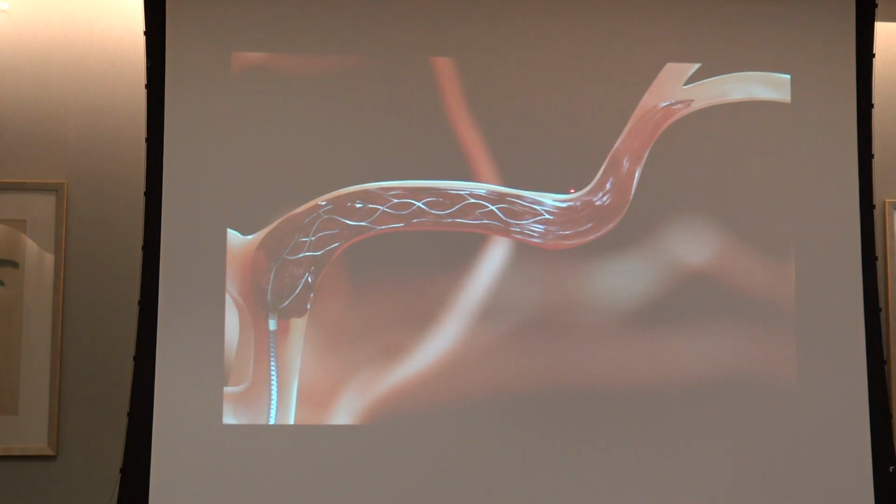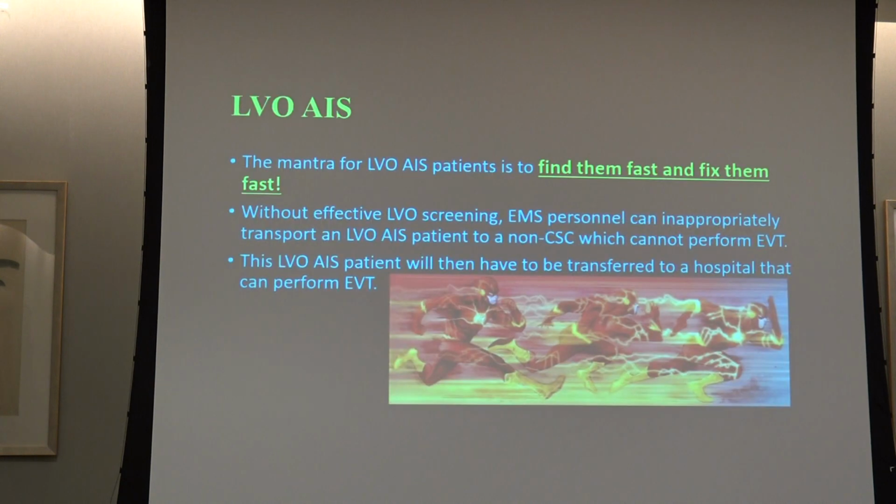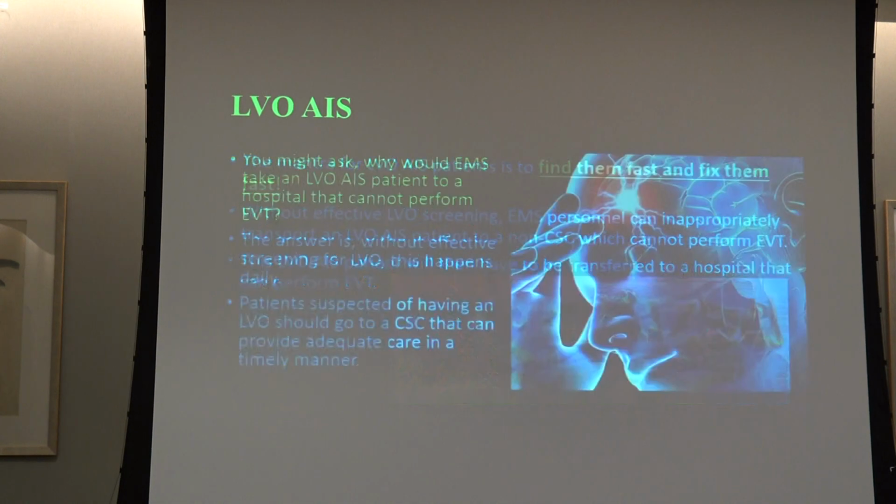And why is that so important? Because the larger this blood vessel is, the less effective IV TPA is. So while IV TPA is a great drug, it's not particularly effective in these very large vessels. That's why they have to go to comprehensive stroke centers. And really the key is to screen them, to find them fast so they come to a comprehensive stroke care center so we can fix them fast.